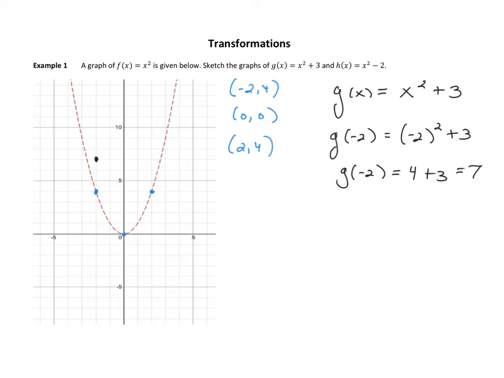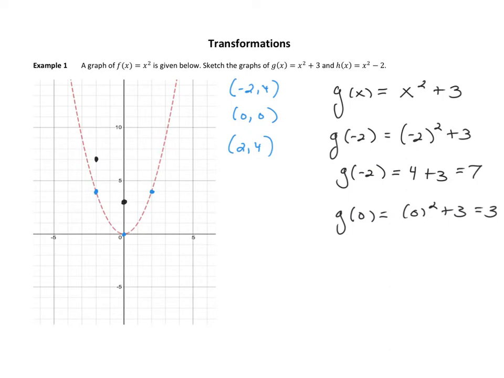Likewise, I'm going to check what happens for this point. I'm going to take the number 0, put it in place of x, and see what the y value is. So g of 0 is 0 squared plus 3, and that simplifies nicely to 3. So on this function, we don't get the point 0, 0, we get the point 0, 3, so it's here.